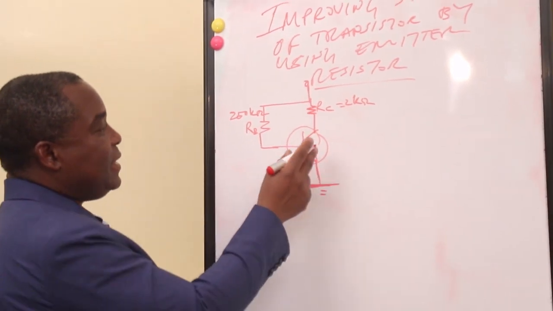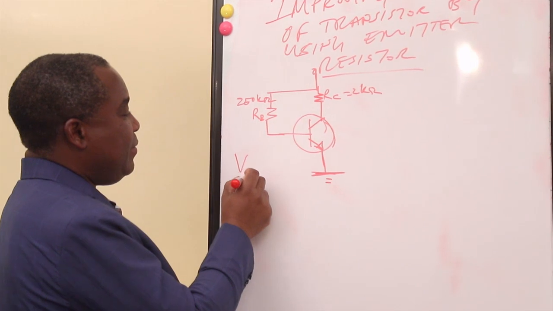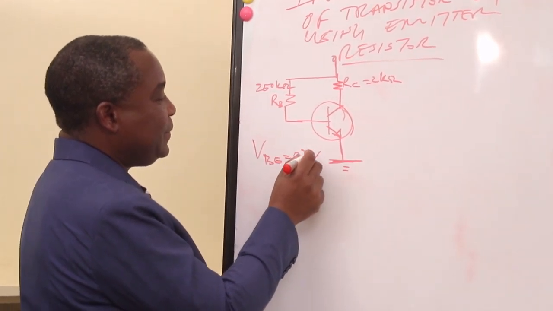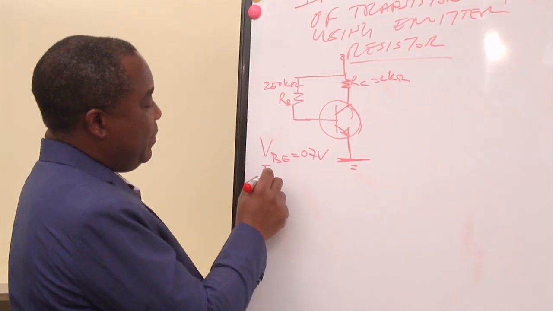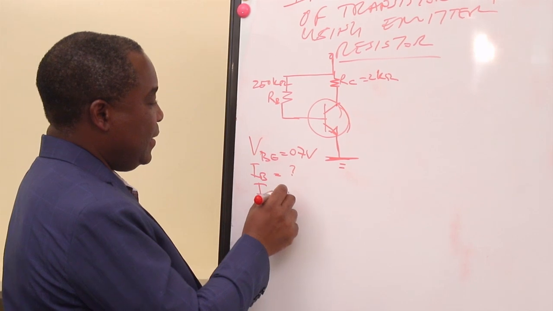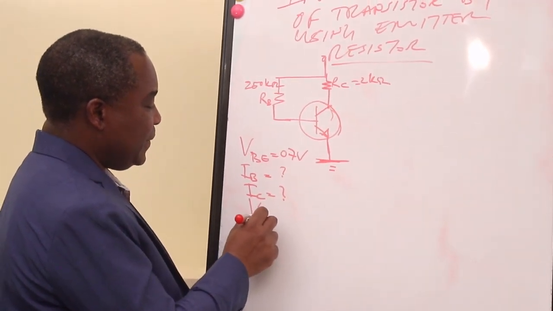So this is a silicon transistor, and for a silicon transistor VBE is equal to 0.7 volts. So we have to find IB, we have to find IC, and we have to find the VCE.